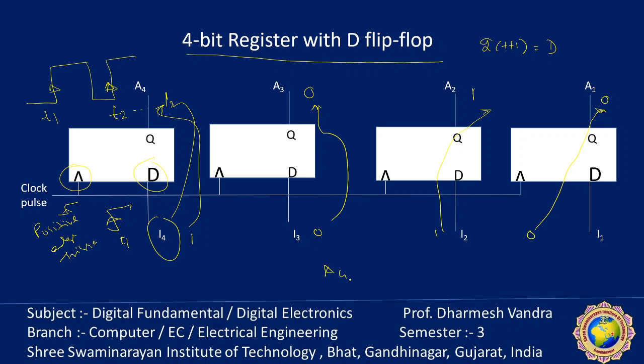So A4, A3, A2, A1 equal I4, I3, I2, I1 on the positive edge of the clock pulse.